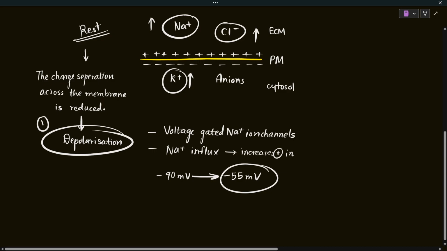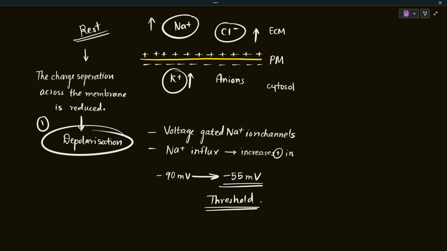When this value crosses a certain threshold, here the threshold value is minus 55 millivolt, a sudden opening of all the voltage gated sodium ion channels is seen.